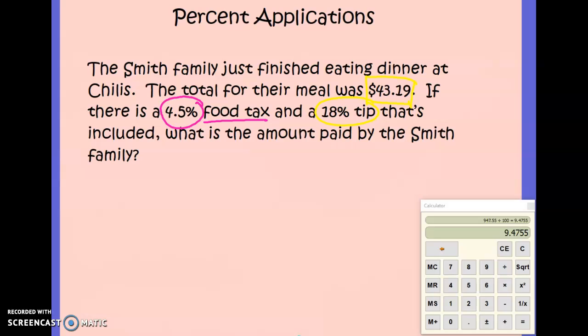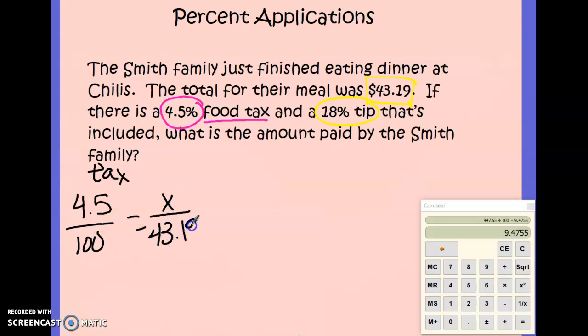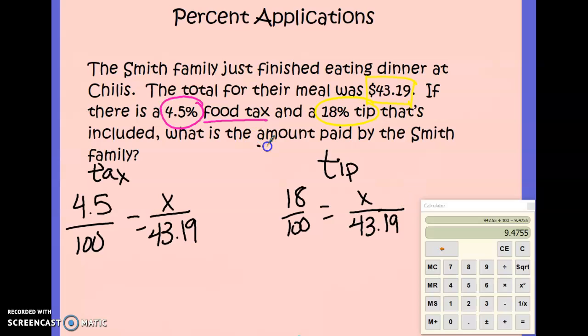Okay, so we're going to start with the tax. I've got 4.5% out of 100. Okay, and then I'm just going to go ahead and set up for my tip. Okay, my tip, 18 out of 100. And then when I'm finished, I'm going to add all three of these numbers together because we're trying to find out the total amount paid.